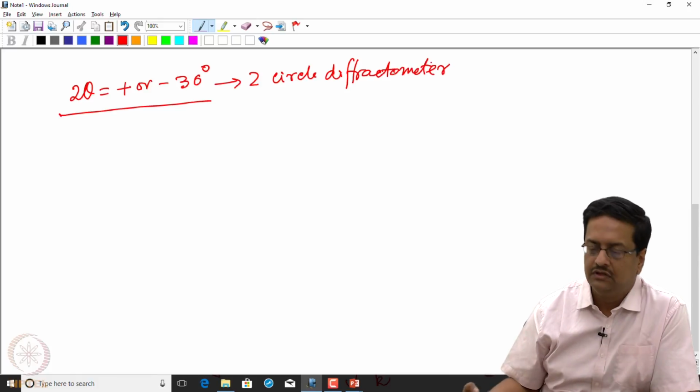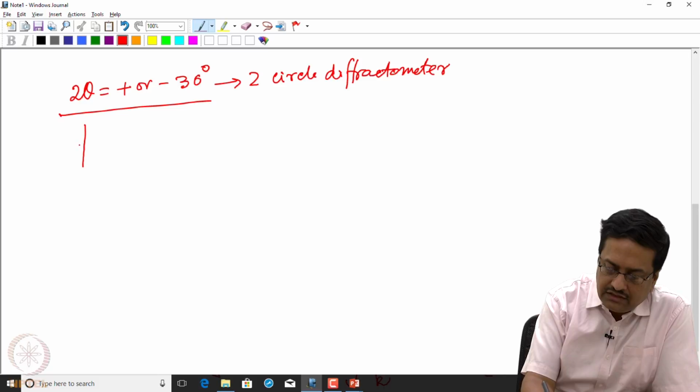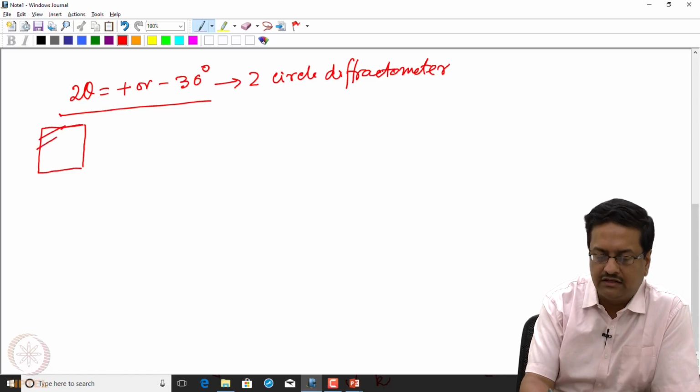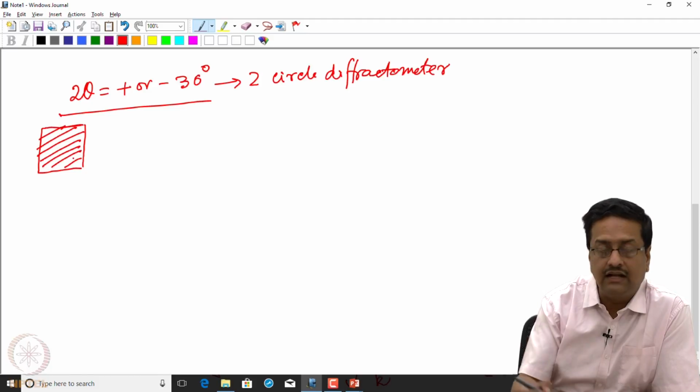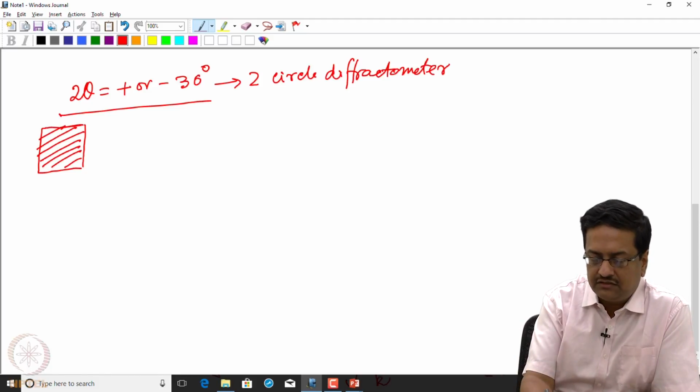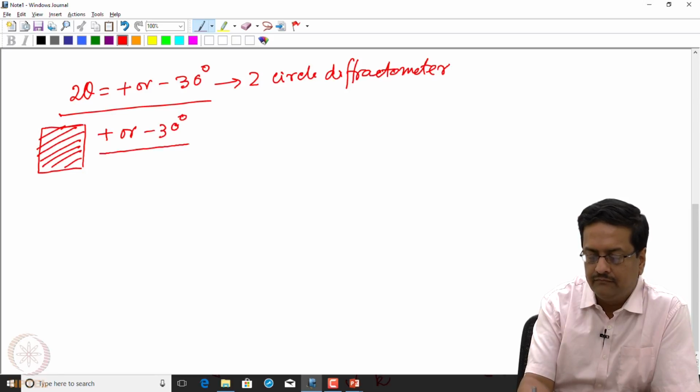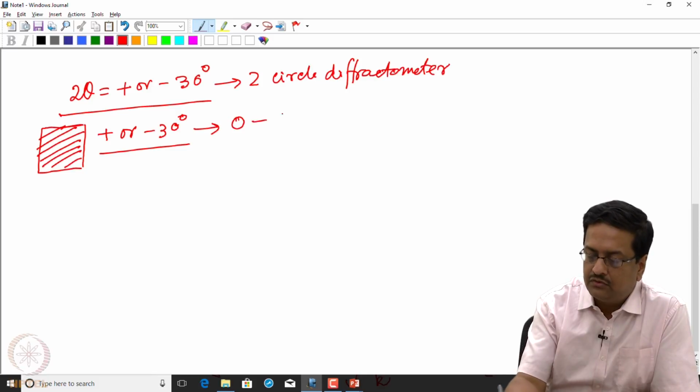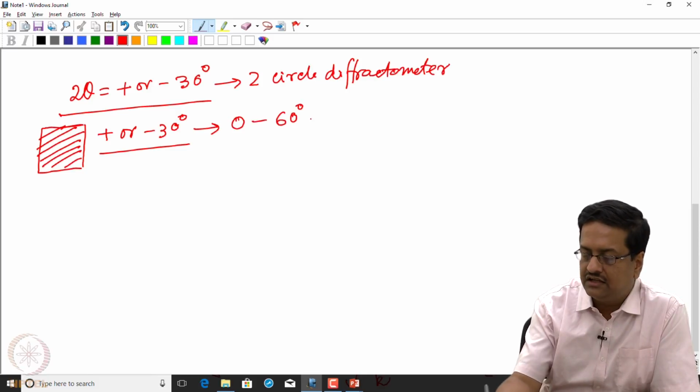Why so? The size of the detector, the coverage area of the detector is such that if it sits at plus or minus 30 degree, it can cover from 0 to about 60 degree in 2 theta.